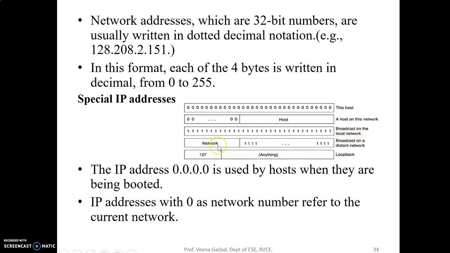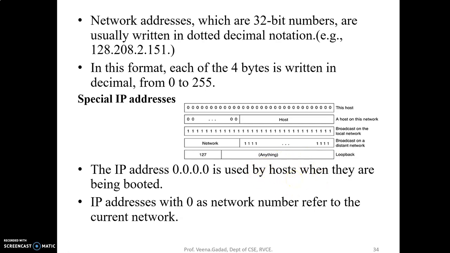If you have some network address but all ones in the host part, it means broadcasting on that particular network. If the first octet is 127 and anything follows it, it is called a loopback address, wherein that packet will not be put onto the interface.